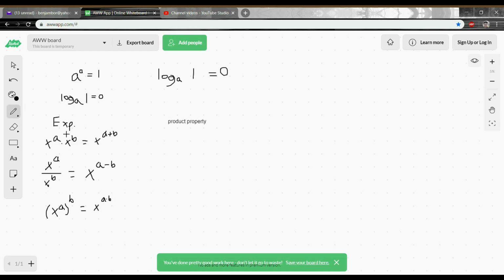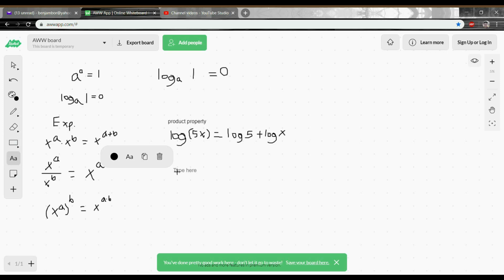The translation of this property to logarithmic form is when you have the logarithm of any base, it doesn't matter. We're not going to write one because that means by default this is a log base 10, of a product and another product. This can be rewritten as the logarithm of one of those products plus the logarithm of the other product. That's the product property.